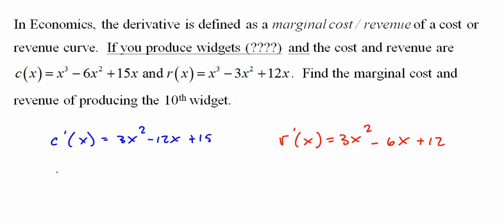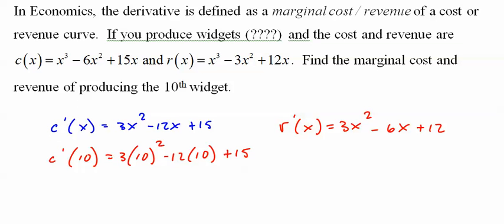So how much does it cost to make the 10th widget? What the heck's a widget? That's a classic name for something that we don't care, just something we're making. Although the internet has appropriated that name, and it means something very specific on the internet after my looking up time. So it costs us $195.